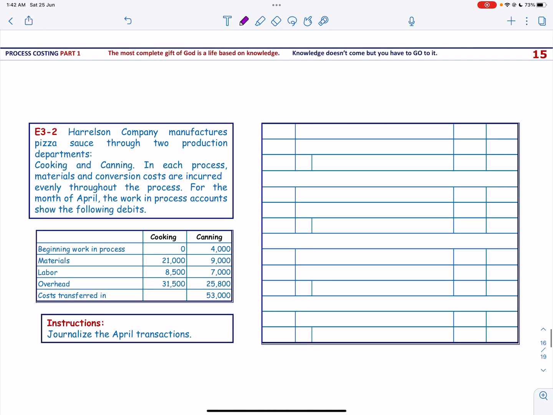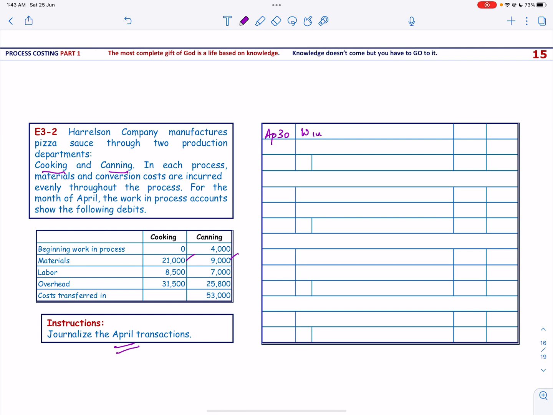And here, Harrelson company manufactures pizza sauce through two production departments, cooking and canning. In each process, materials and conversion costs are incurred evenly throughout the process. For the month of April, the work in process account shows the following debits. So we have to journalize the April transactions. On April 30, we have work in process for cooking 21 and canning 9.